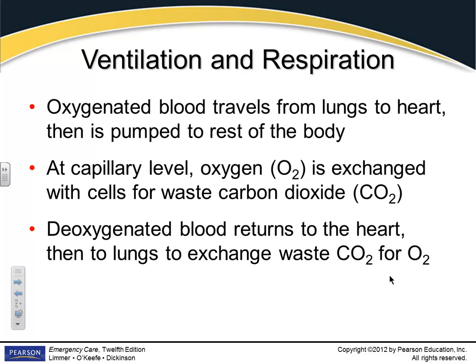Veins move towards the heart. Arteries move away from the heart. In most cases, veins carry deoxygenated blood, but sometimes they carry oxygenated blood. We'll look at that after a while too. But yeah, so that gas exchange occurs where the hemoglobin is going to pick up carbon dioxide and waste products and then deliver that back to the lungs for gas exchange.